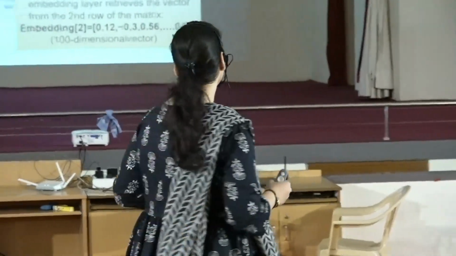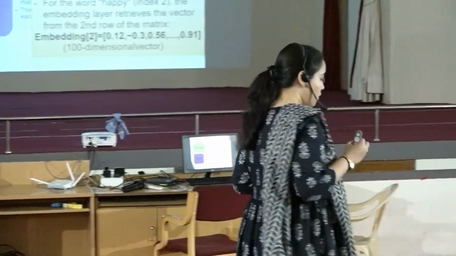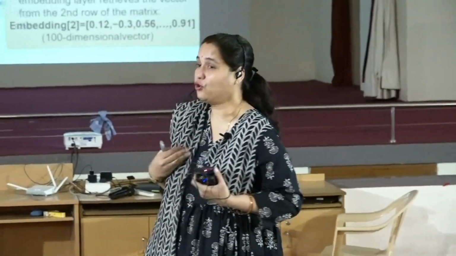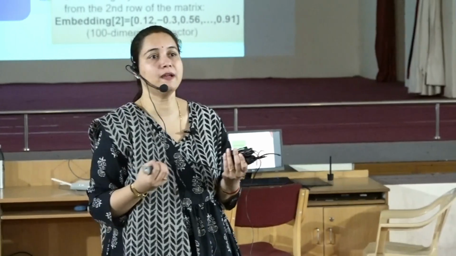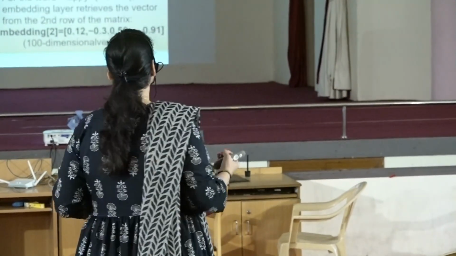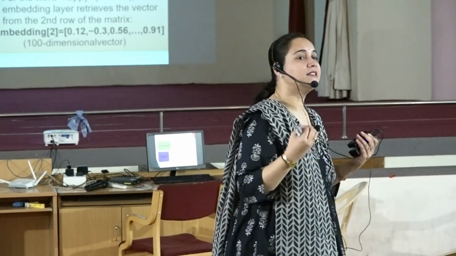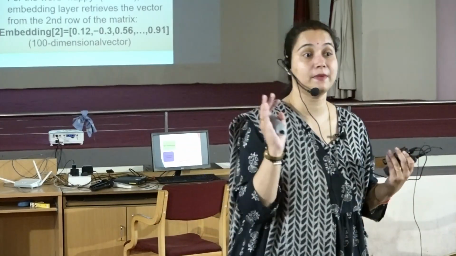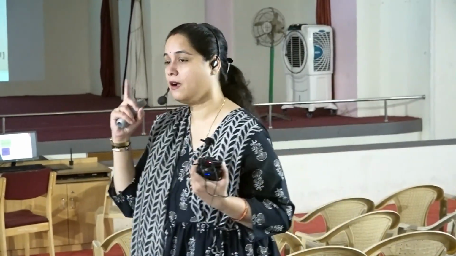Clear enough? Now, for a vocabulary of let us say 10,000 words, assume as a user I have chosen my embedding size as 100. Okay? And then what would be the embedding matrix dimension? How many rows, how many columns? 10,000 by 100.